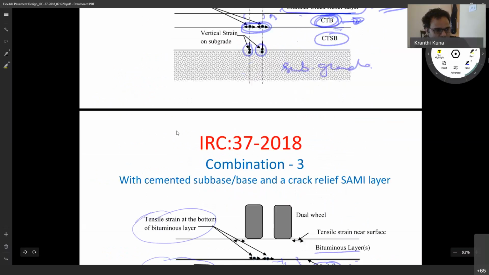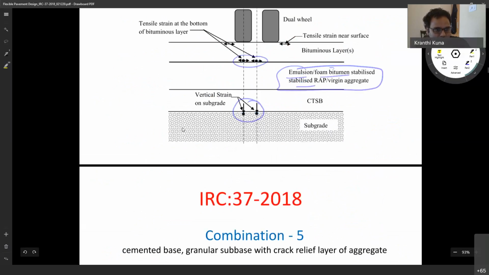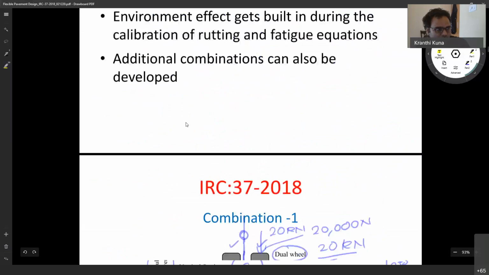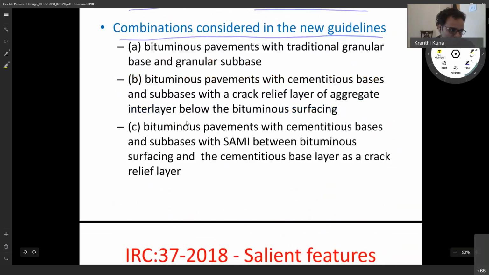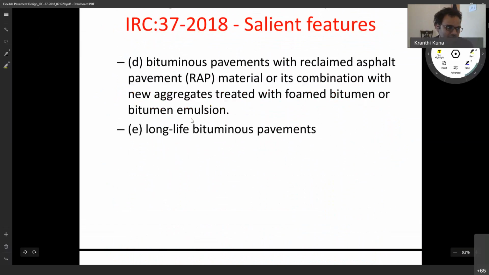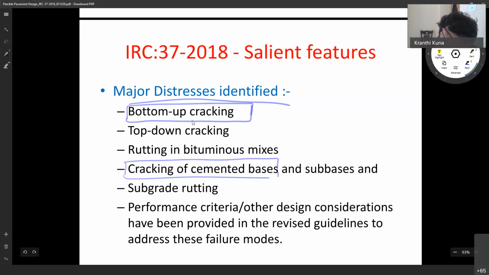I discussed the various combinations and how we handle these different pavement compositions and pavement designs. Now I'll go to these first few slides, which may give more clarity. These all 6 are the various combinations we have discussed. The major distresses that IRC 37 addresses through structural design are bottom-up cracking in bituminous layers, cracking of cemented bases, and subgrade rutting.